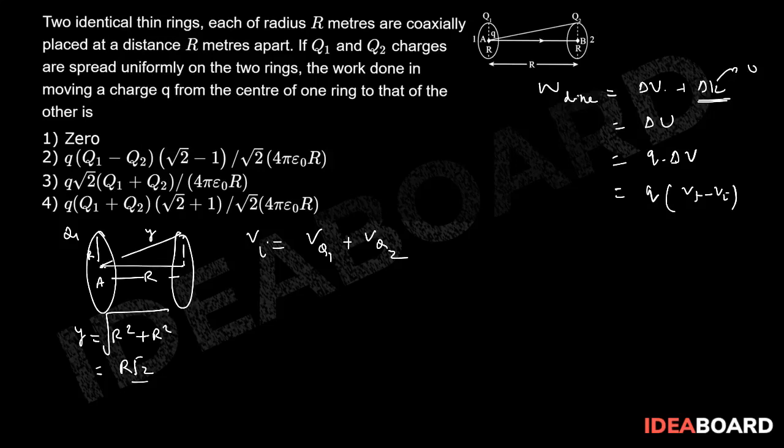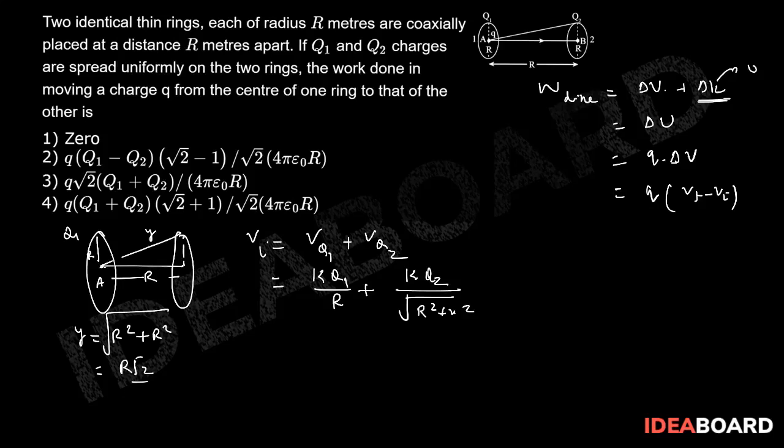This is V initial. Initially, V due to Q1 will be K Q1 by simply R, plus K Q2 divided by the square root of R square plus X square.